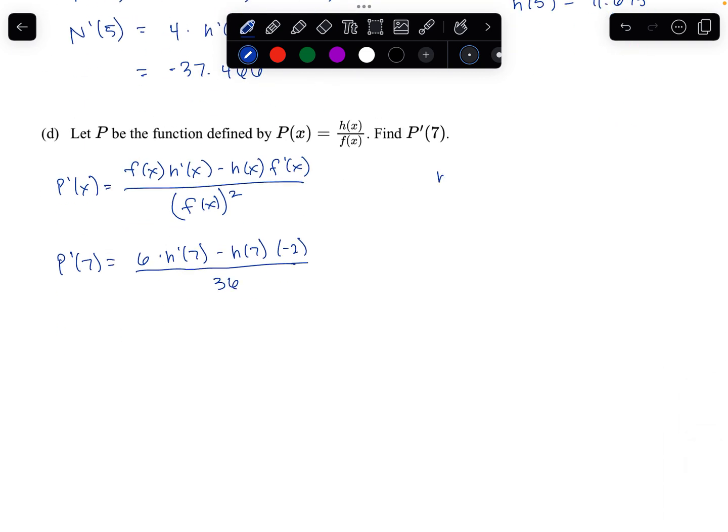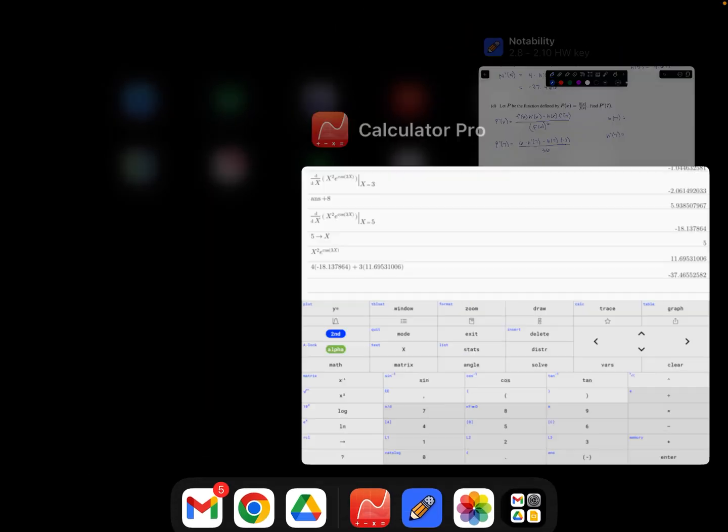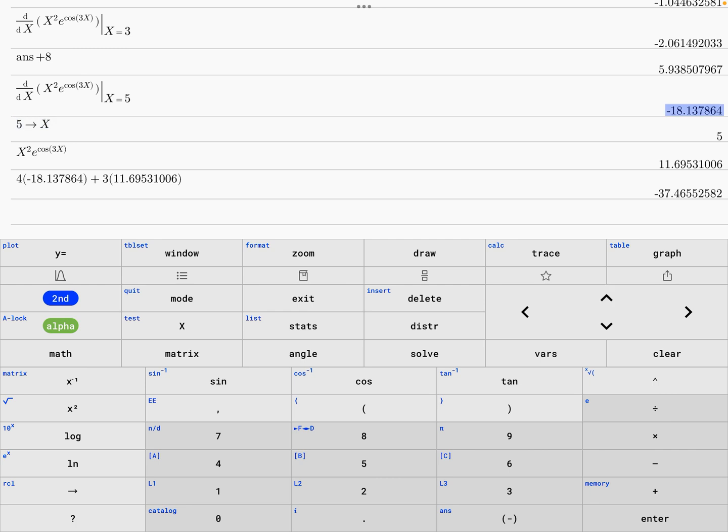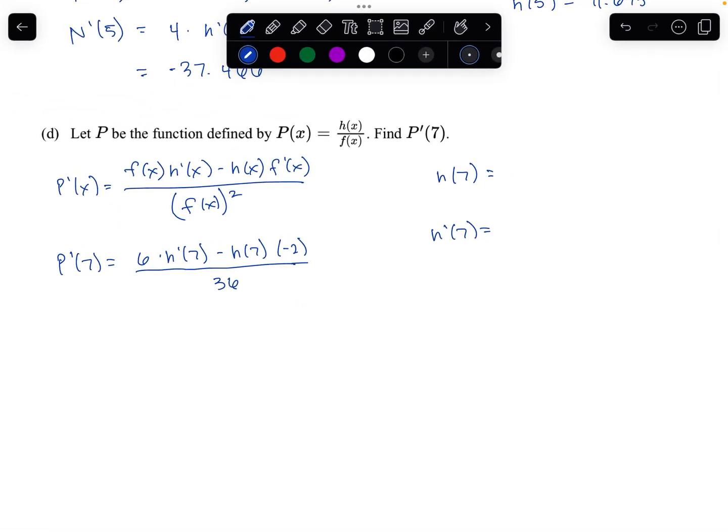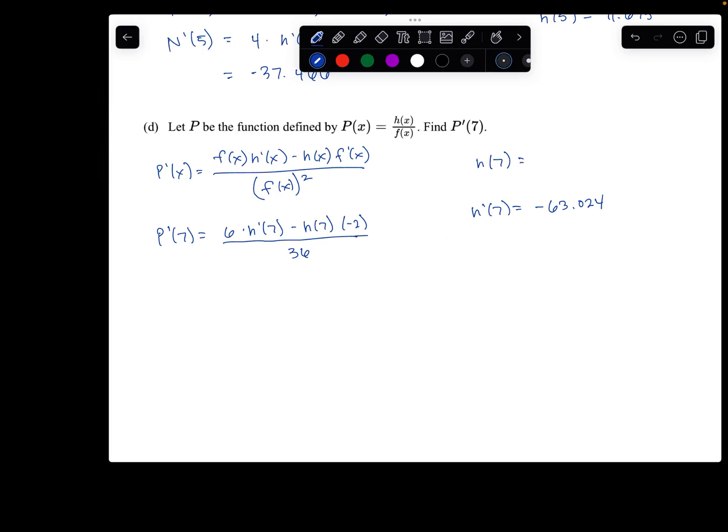So I need to find h of 7 though, and I need to find h prime of 7. So let's first find the derivative. I'm just going to go up here and put in 7 right there. I get negative 63.024. And then h of 7.